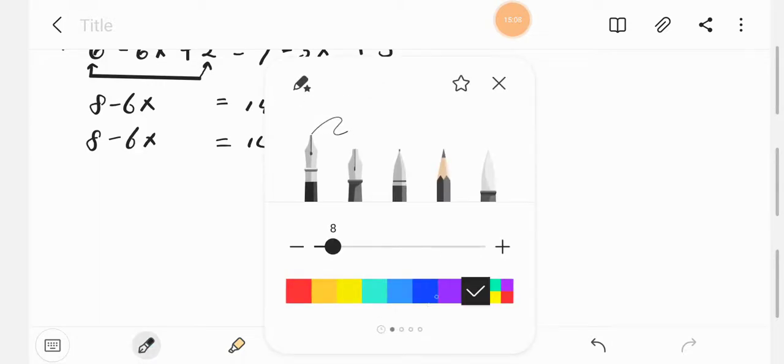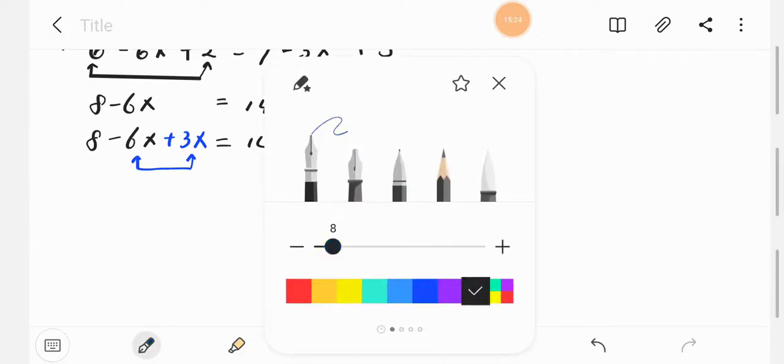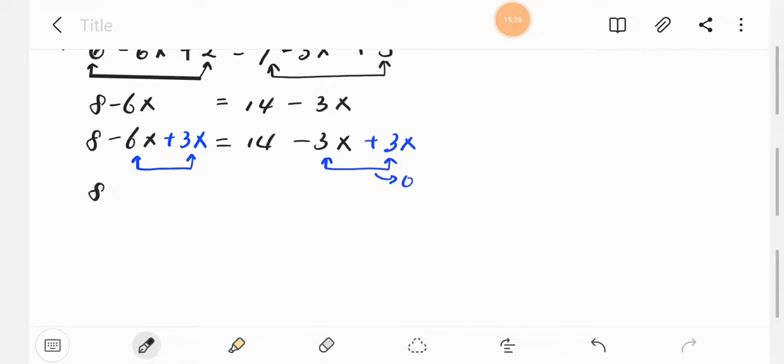What I'm going to do is plus 3x each side, so that we can remove this minus 3x and make it 0. Then combine these two. So that will be 8 minus 3x plus 3x equals 14 plus 3x, which gives 8 minus... 3x equals negative 4. Equals 14.